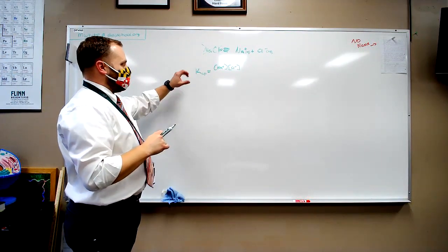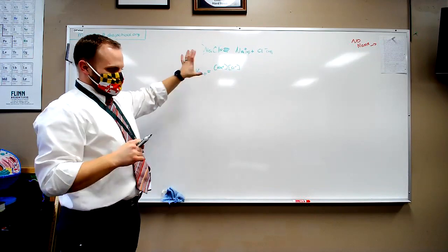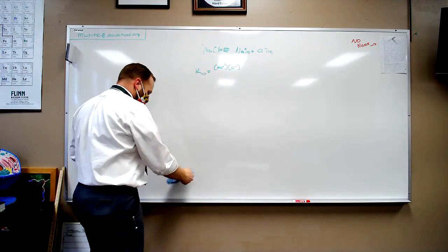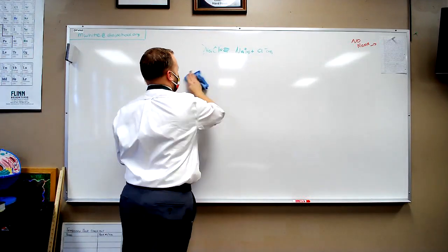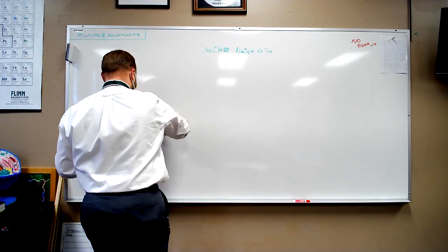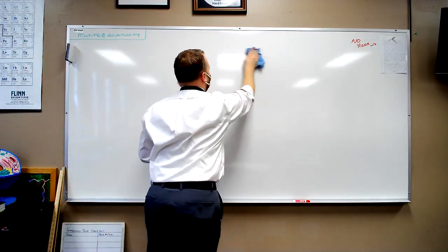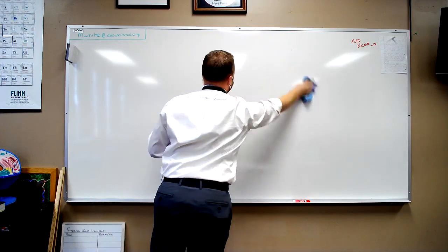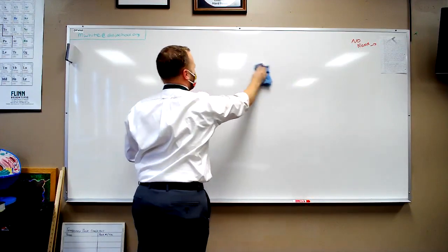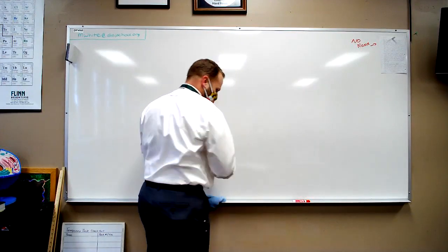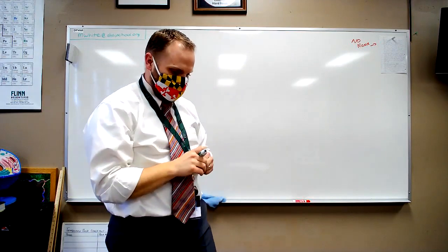And so, because sodium chloride dissolves so well, we really don't worry about the KSP because the value is going to be very large. Instead, we're going to look at things that have very small KSPs. Not very much is going to dissolve at all.